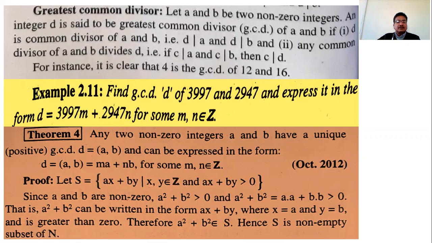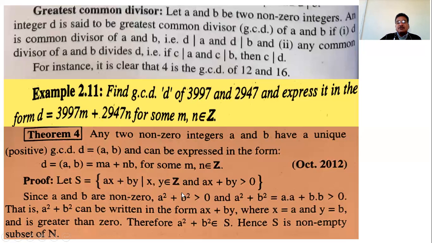We will show that this S is non-empty, that is, S contains at least one element. So we have to show that one element belongs to S. For that, this is the calculation: suppose a and b are non-zero integers. They are positive or negative, but their squares are always positive, because the square of a positive integer is positive, and the square of a negative integer is also positive.